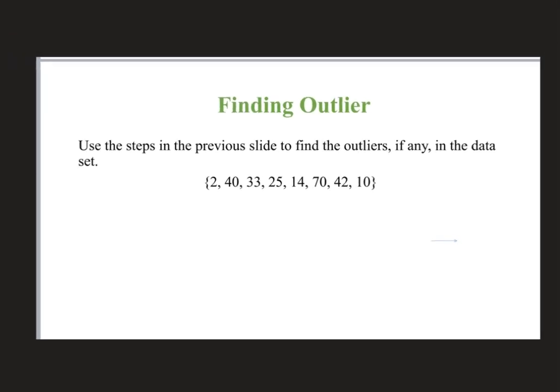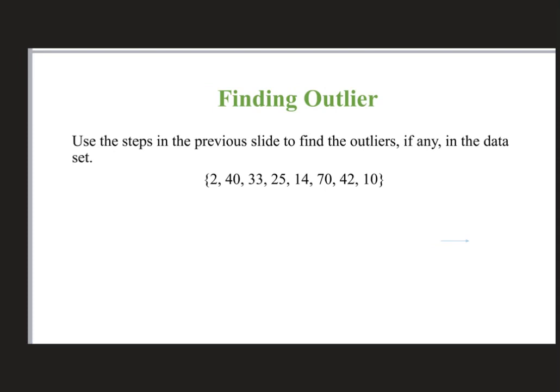Okay, so now we're going to do an example of that. We don't have to make a box and whisker. So new data: 10, 14, 25, 33, oops, missed 40.